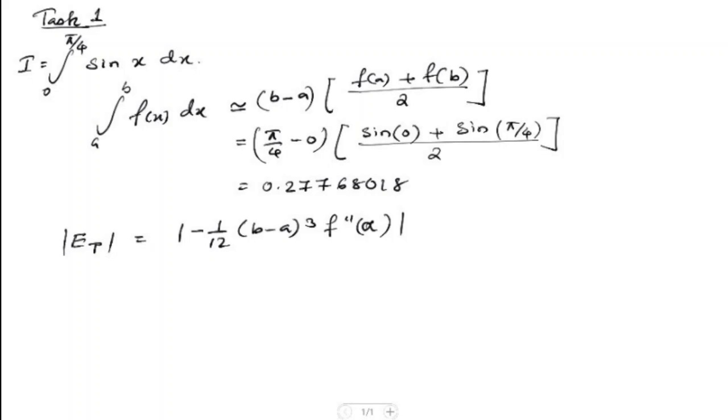So this is equal to the absolute of minus 1 over 12 b minus a cubed, and for f second derivative of alpha, we will take the maximum of the second derivative of the function.